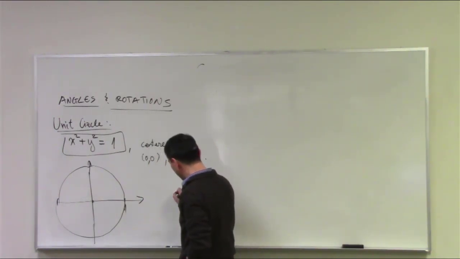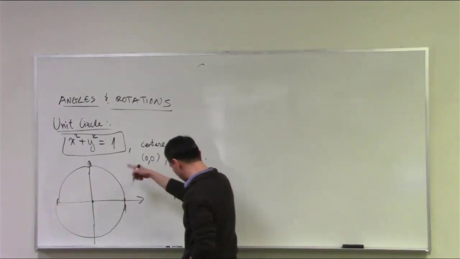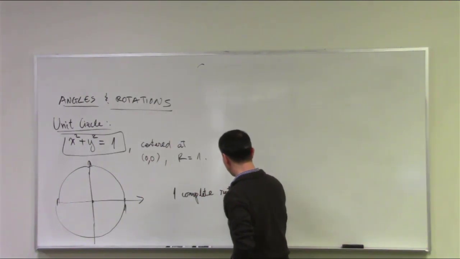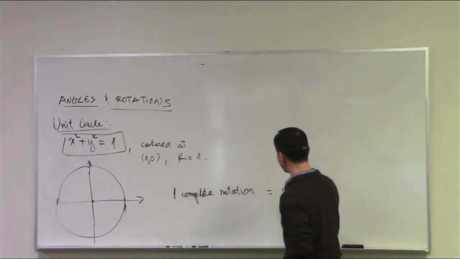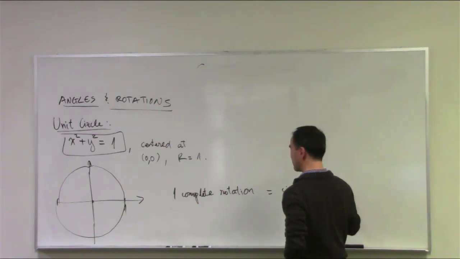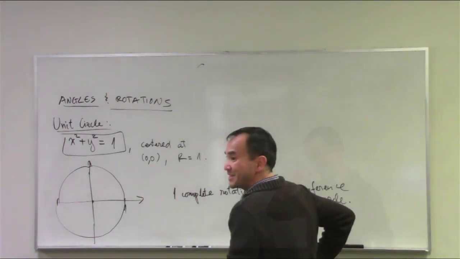Now, one complete rotation, when you have a circle like this with radius 1, will also equal the circumference. Remember that term? Circumference of the circle. Do you agree with that logic?